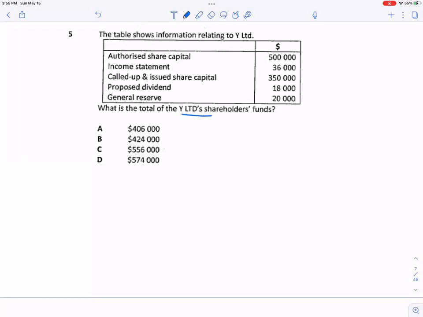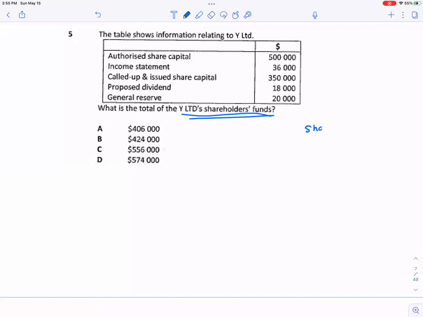What is shareholders funds? Does anybody know what would be shareholders funds? Ordinary shares.